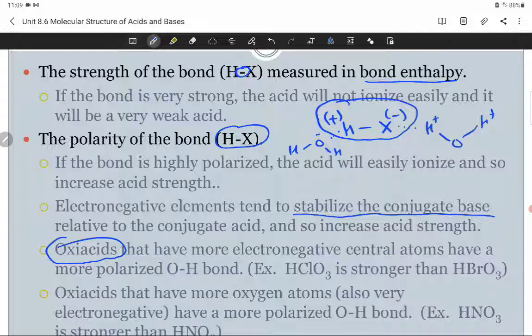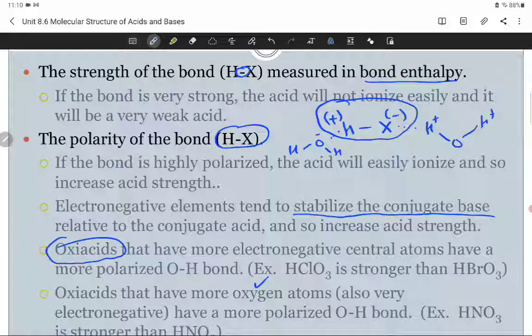Now HX, we don't know what X is. Maybe it is, in this case, ClO3. It doesn't really matter. So if I'm talking about oxyacids, we're going to put some oxygens in there. Okay. So kind of a rule of thumb, the more oxygens that the acid possesses, the more polarizable that acid is, and so it's going to be a stronger acid.